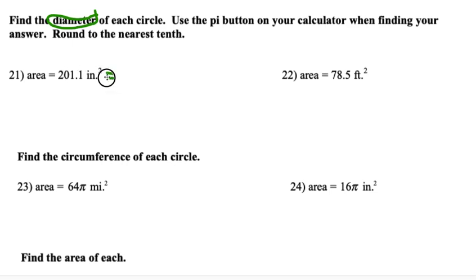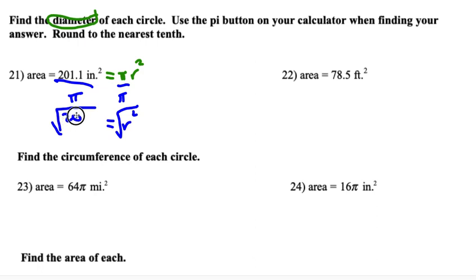So we know that 201.1 inches squared is equal to pi times r squared. So using our knowledge of solving, we can simply divide both sides by pi, and then take the square root, because to undo squaring requires that we take the square root of both sides of the equation.